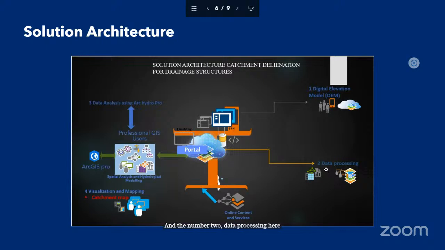Here, the data was preprocessed, since the DEM can sometimes have small depressions or sinks where water is assumed to be trapped. So these should be filled to avoid incorrect flow routing.